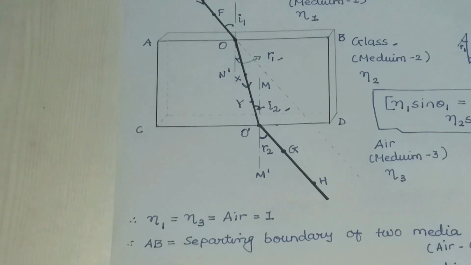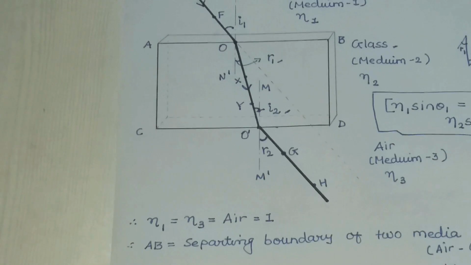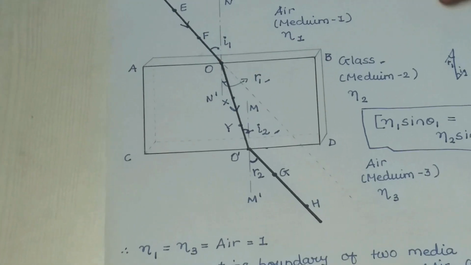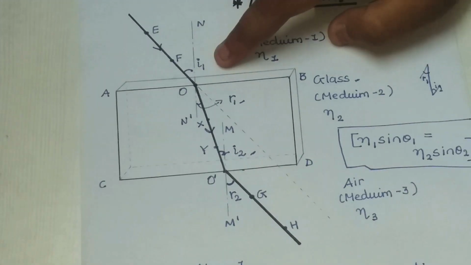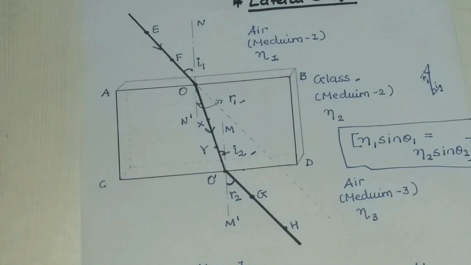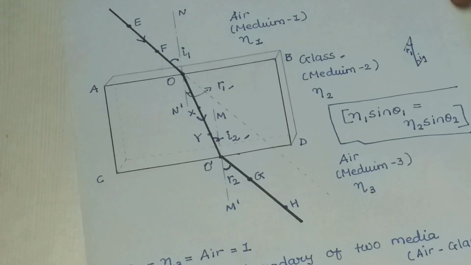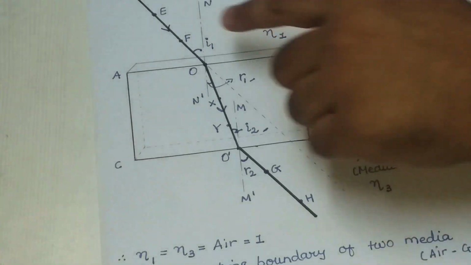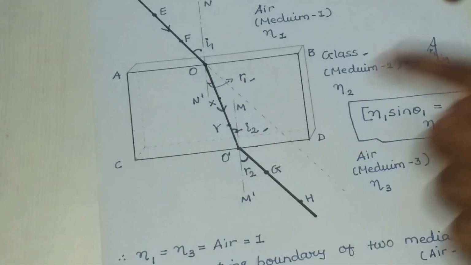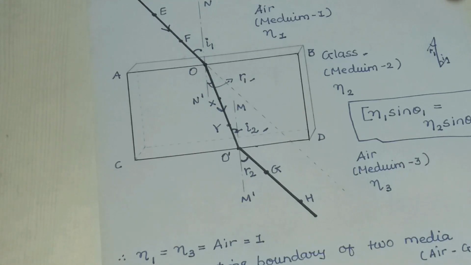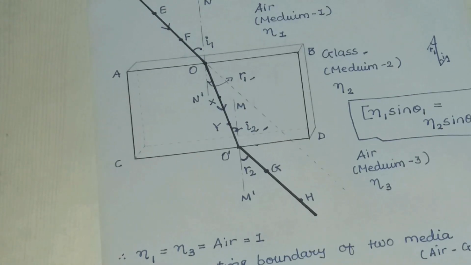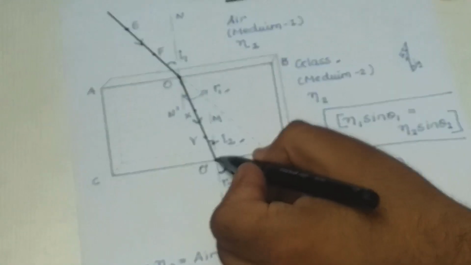It means in this figure you can see I1 and R2 are both the same. So the incident angle is equal to the emergent angle. It means the direction is not changed, but only shifting is done.